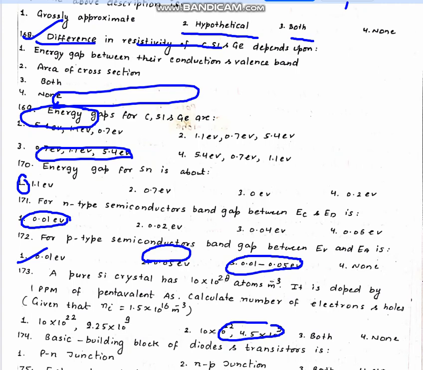Next is a pure silicon crystal has these atoms per meter cube doped by pentavalent impurity. Calculate number of electrons and holes given that Ni is equal to this. So assuming that all the atoms are ionized, so there are 10 into 10 is to power 28 atoms.